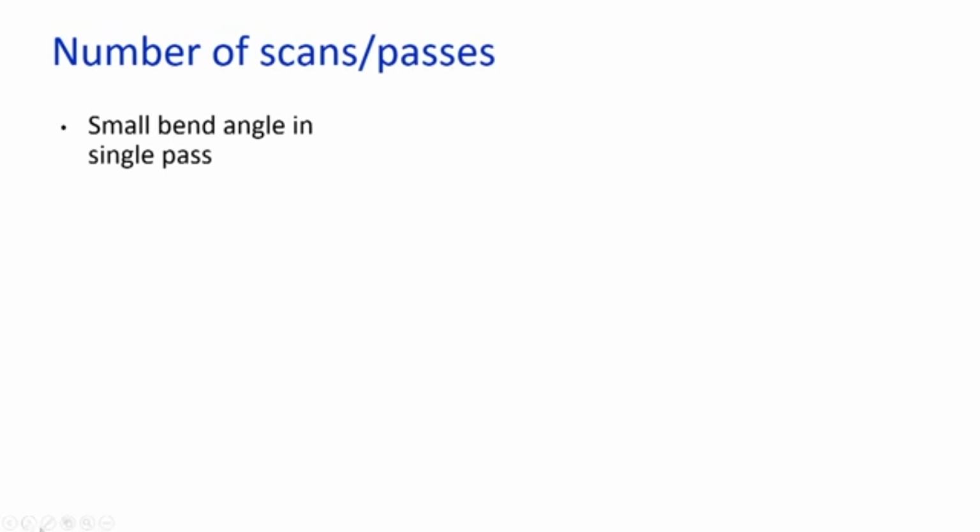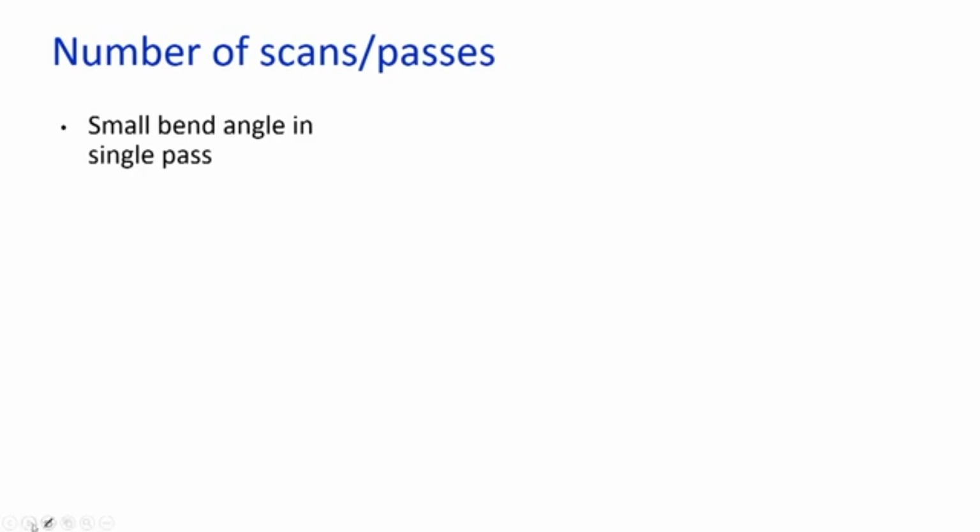It has been noticed in all our discussion till now that the laser bend angle is very small per pass. We have seen that it is about 1 degree or 1.4 degrees per pass. Now, to have macro-level bending, to have sufficient bending of the metal sheets, we have to irradiate the surface multiple times.